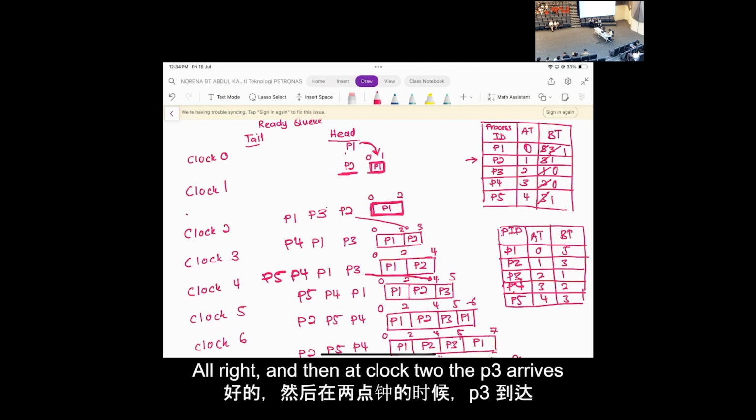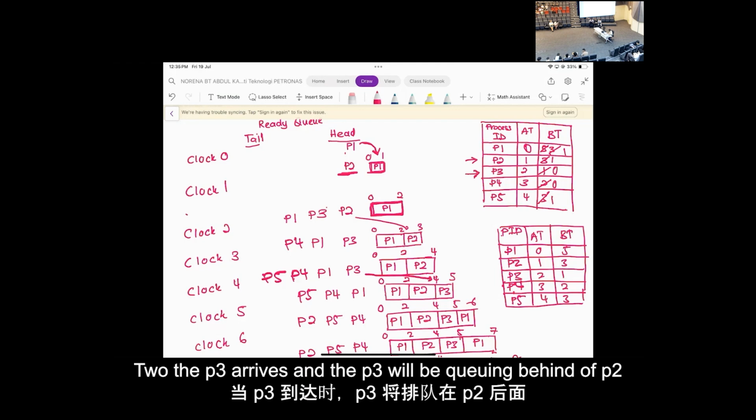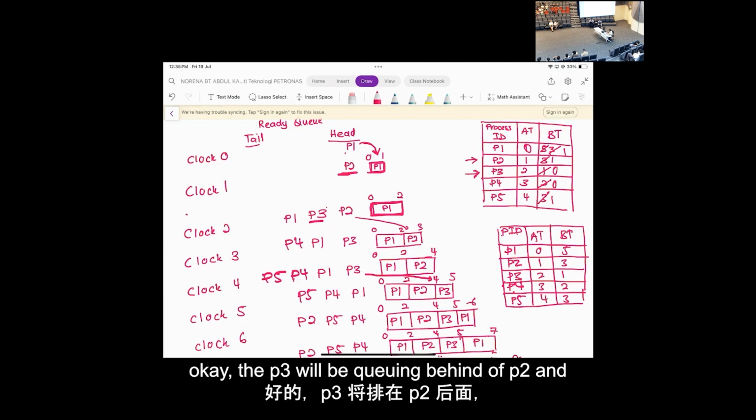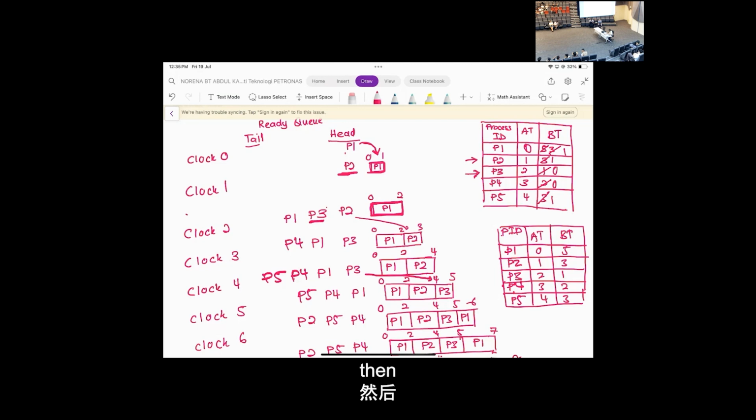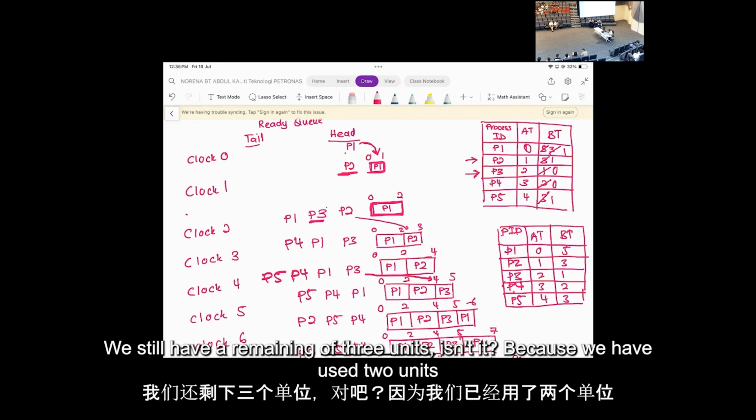All right, and then at clock 2, P3 arrives, and P3 will be queuing behind P2. Once P1 finishes, we still have a remaining of 3 units, isn't it?